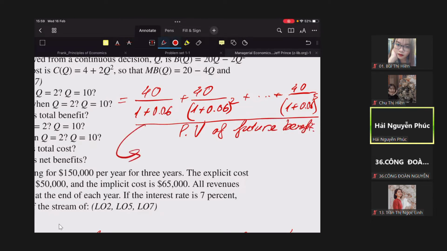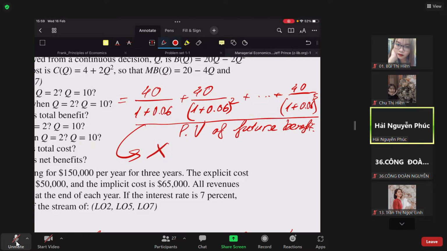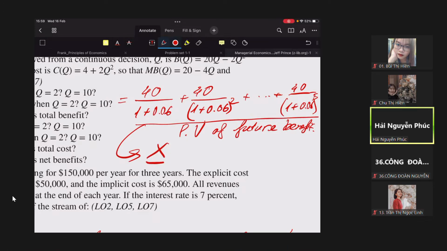Suppose you compute this one. I'm not going to do the computation, but suppose that you already computed it and got a number, and it is the number x. Further, you compare this x with $250.